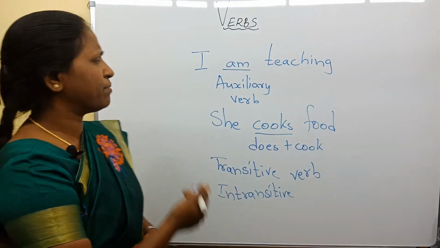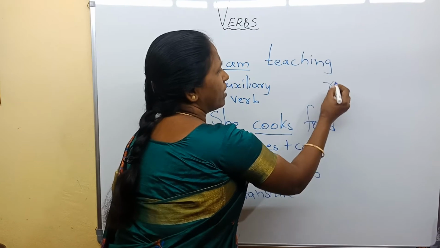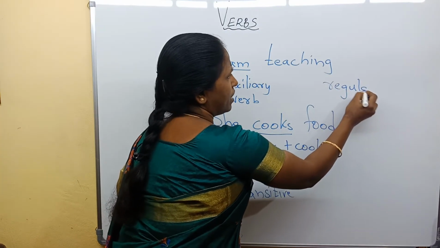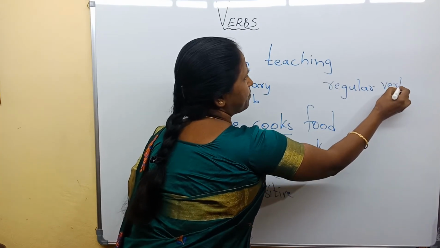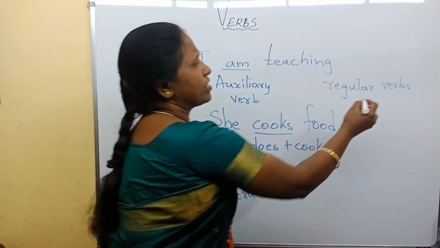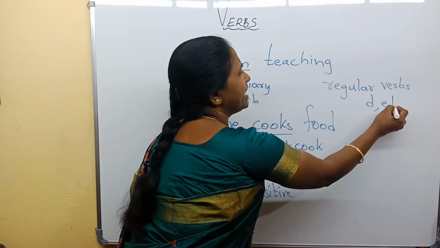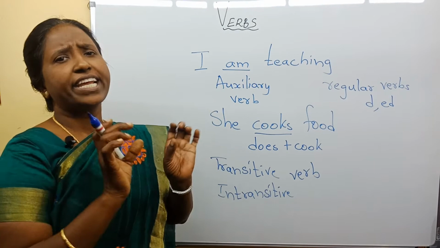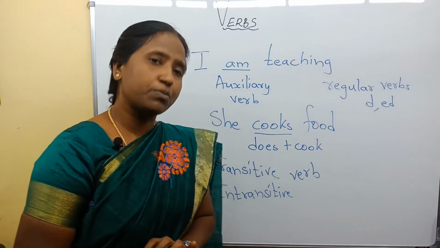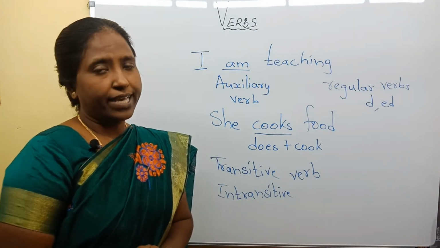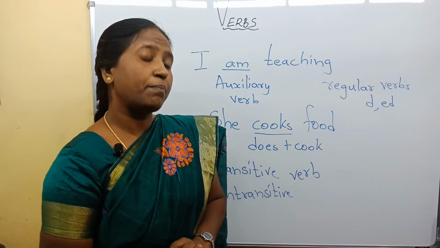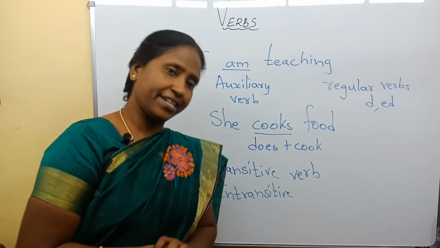Apart from this, we have other verbs also. Regular verbs. Regular verbs means when you attach D or ED to the verb, it becomes past tense. That means if I say play, the past tense of play is played.